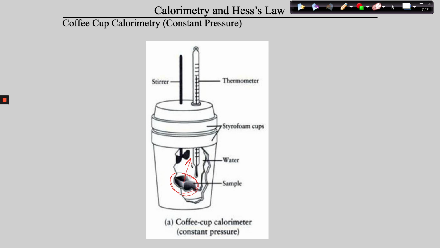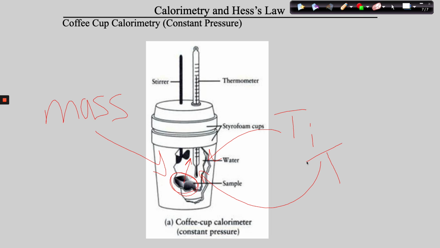Okay. But guys, what is all that heat going to do to the water? Make it heat up. Make its temperature go up. And here's what we can do. We can measure the mass of the water. Then we can measure the temperature of the water initially before the reaction started. Then we can measure the temperature of the water finally. If this is exothermic, what will happen to the temperature of the water?